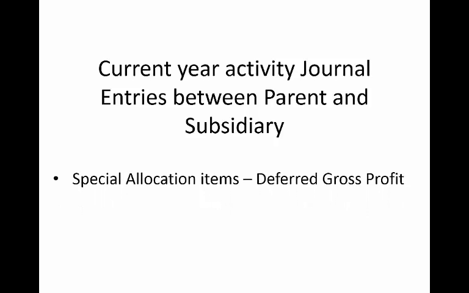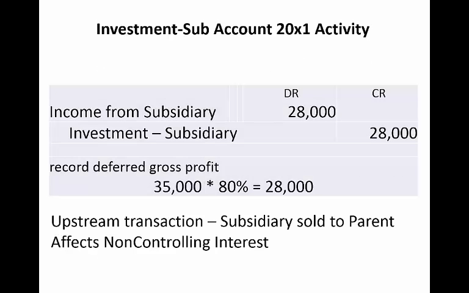Alright, so how do we handle this under the equity method of accounting? Again, the parent is aware of the transaction with the sub, and they have to account for that whenever the transaction takes place. So what we know is this, that there's $35,000 of gross profit that is deferred. The question is, what do we do with it? This is an upstream transaction.